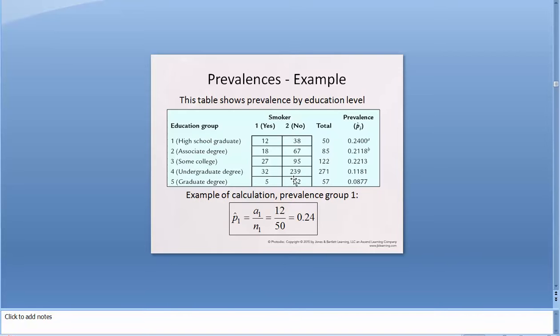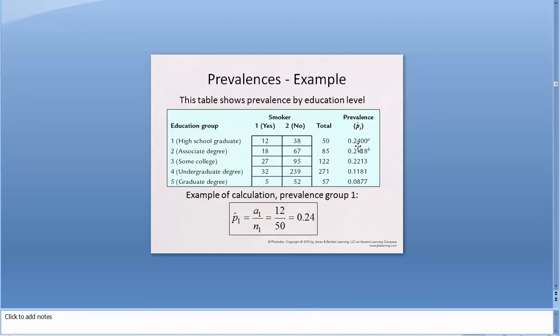Now here they have done it. They have calculated the Pis, so 12 over 50 and so forth. So you get these numbers. These are the prevalences for each education level. Look, the prevalence of smoking if you have a graduate degree is 0.08, compared to if you have only a high school education.